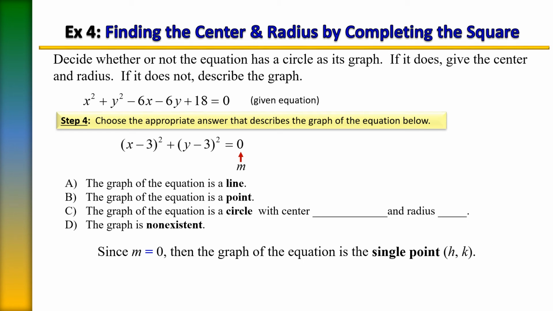So since it is just a single point, let's identify what that single point or ordered pair is. Since it's already in an equation form, we can see that our x value will be 3, and so is our y value. So then the point or the ordered pair is 3, 3. And again, that's choice B, that this is the graph of a point, not a graph of a circle. So the equation of a point.